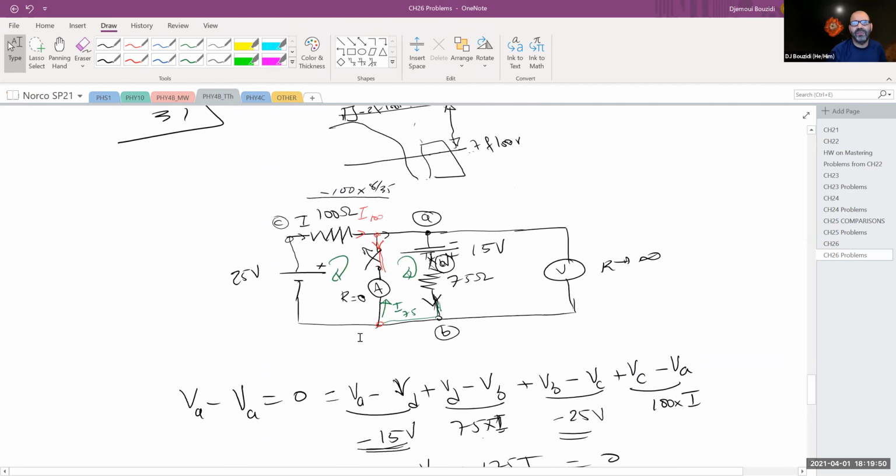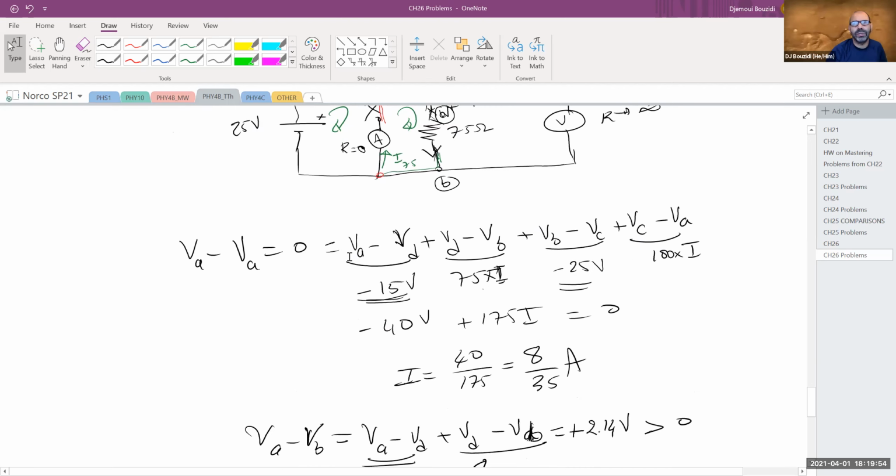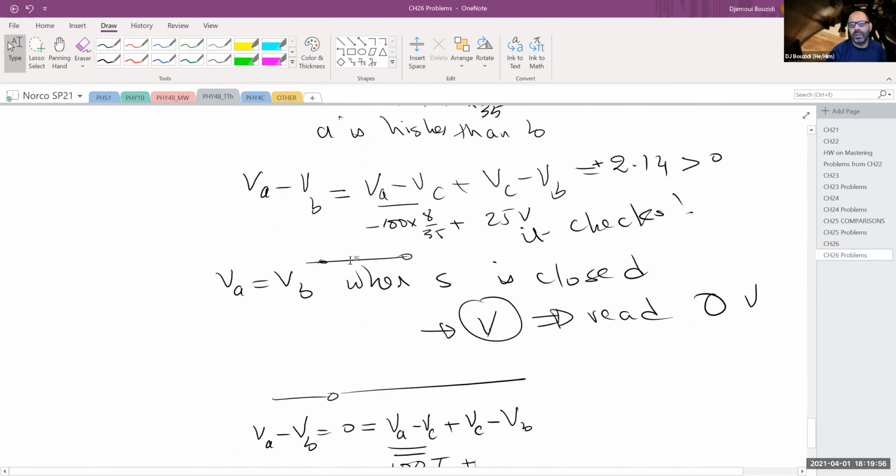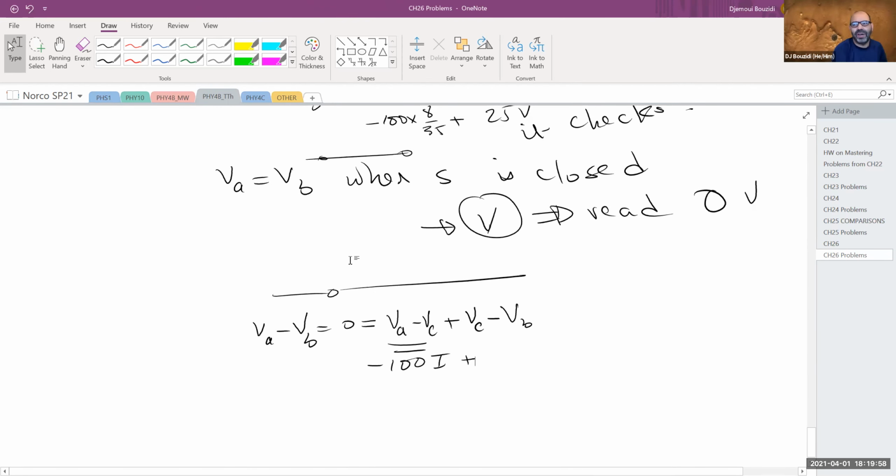That's going to be the entire 25 volts, because I'm coming from the positive. So this is an actual drop of 25 volts. So from here, equal to 0, because the points now have been short-circuited. From here, we're going to find the current I to be simply equal to 25 over 100.